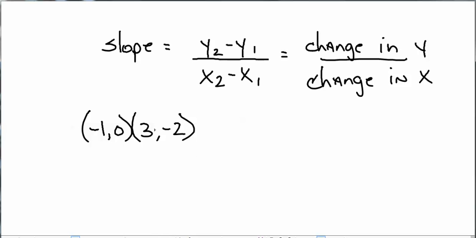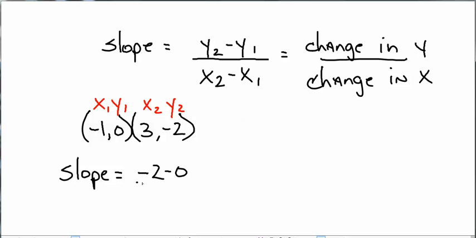If you're asked to find the slope of a line that has these 2 points on it, first thing you do is you label them. This is x1, y1, and x2, y2. And then you plug them into the slope formula. So the slope of this line is going to be equal to -2 minus 0, divided by, and here's where you've got to be careful, 3 minus -1.